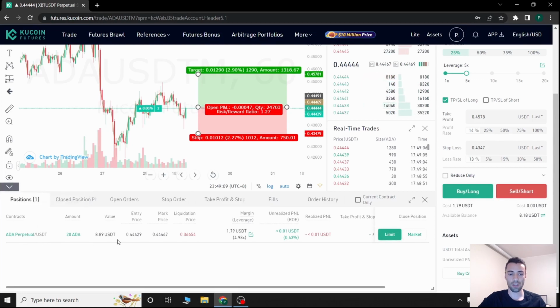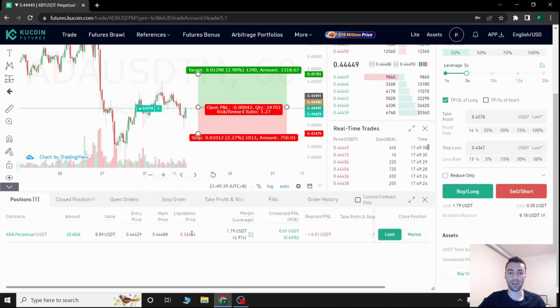So here we have it. It's also the same as Binance. In this tab we have a long position on ADA perpetual USDT, 20 ADA, the value 8.89 USDT. This is our entry price, this is our mark price, and the liquidation price.